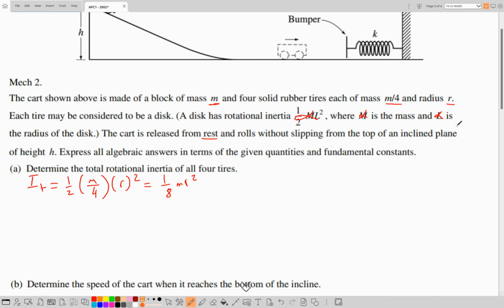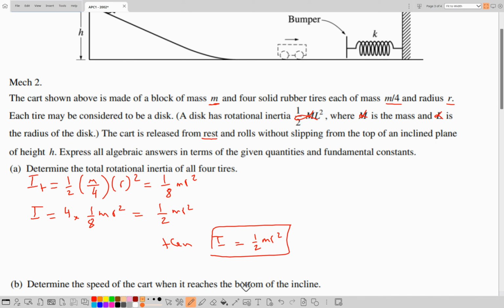So this represents the inertia for one tire. Then the rotational inertia I for the system is given by 4 times 1 over 8 mr square, which is basically 1 over 2 mr square. Then the total rotational inertia is I equals 1 over 2 mr square. And here no need to mention any law.